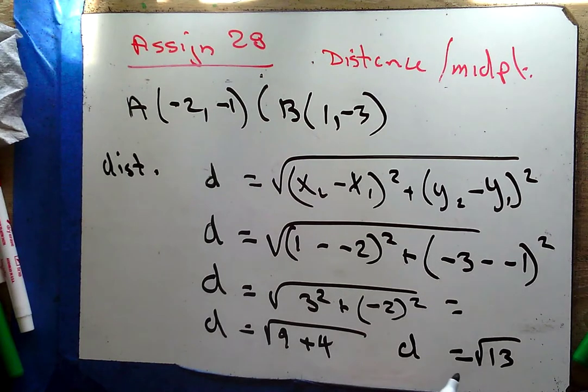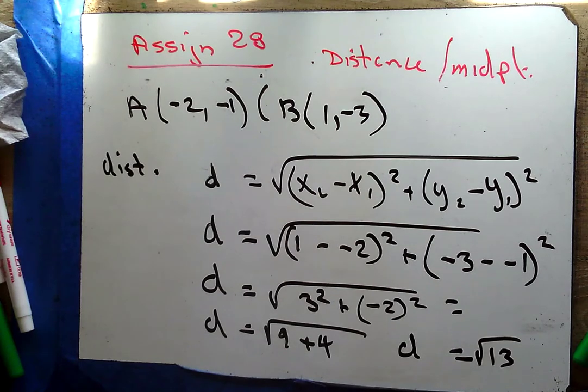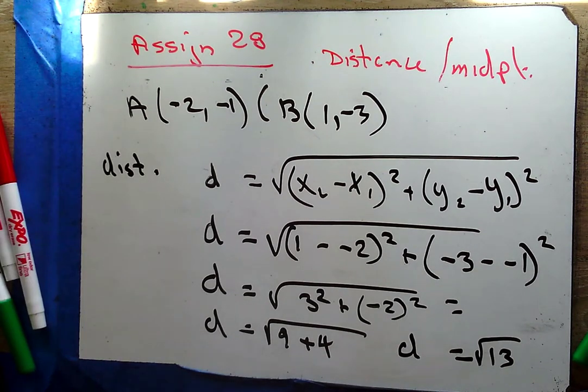I don't need you to decimalize this. If we were doing word problems, I'd probably decimalize it, but otherwise, that's a fine answer. We've already looked at radicals, and we know that we can't simplify that, so I'd stop there.